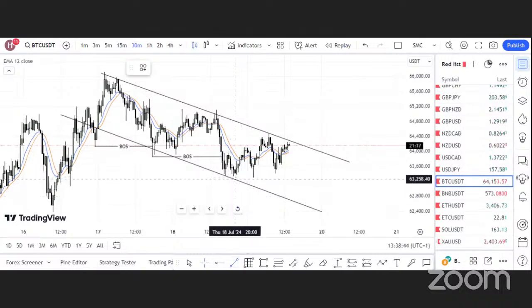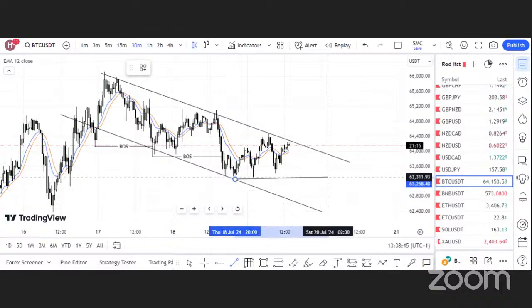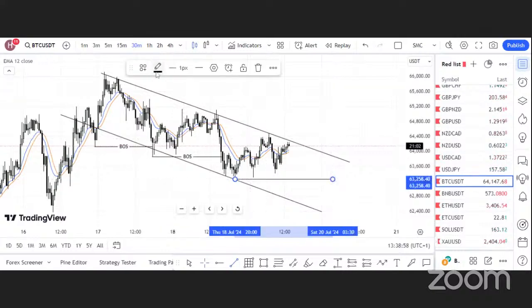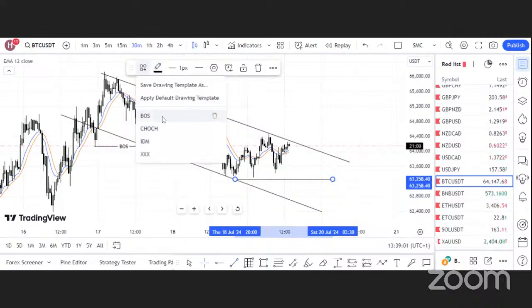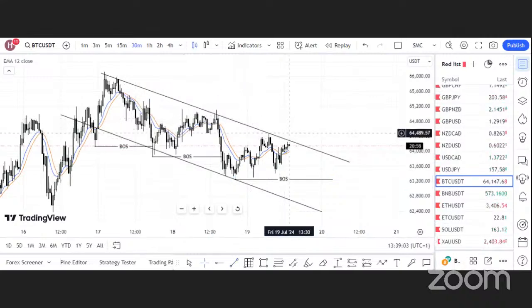So I'm expecting this market to also break, this structure here. So I'm expecting a break of structure on this zone too.